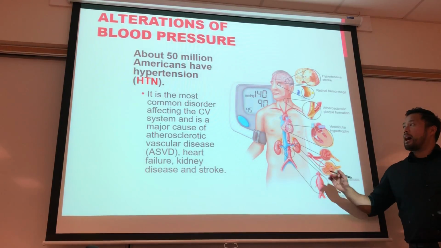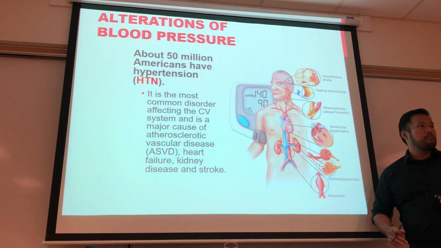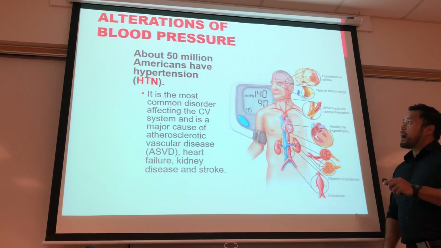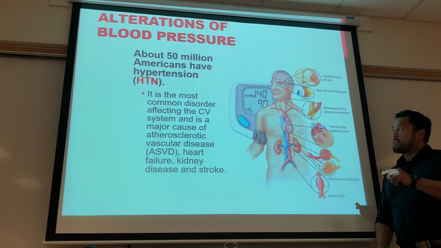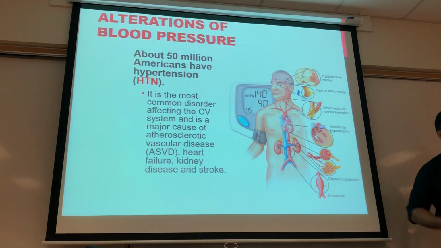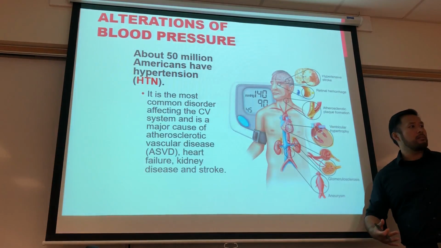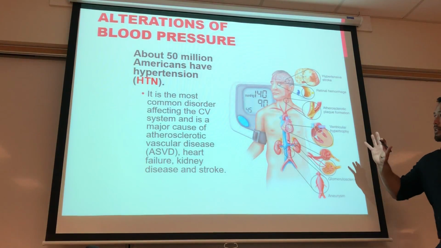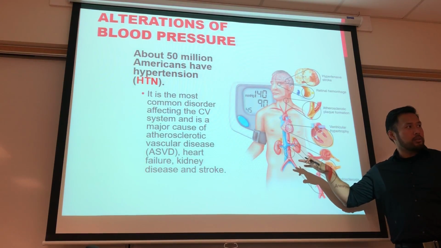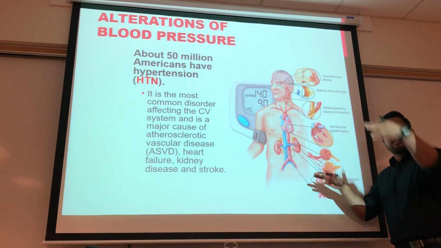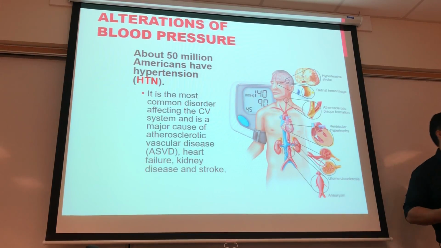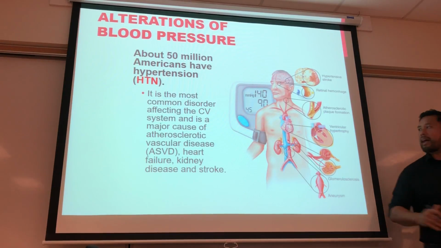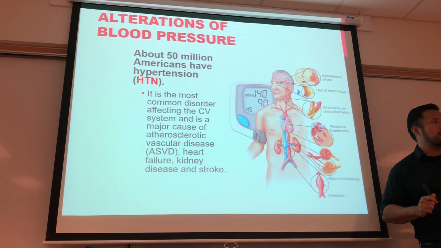A high diastolic pressure means that the left ventricle has to pump against, let's say, 90 or even 100 diastolic pressure to be able to push blood out of the heart. That's additional pressure that has to be overcome in order to eject blood out of the heart. So now you've got your heart working overtime to pump against that increased systemic resistance.